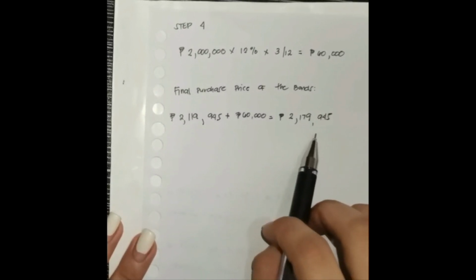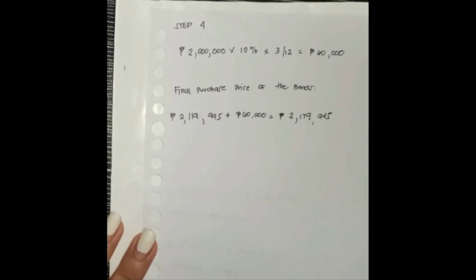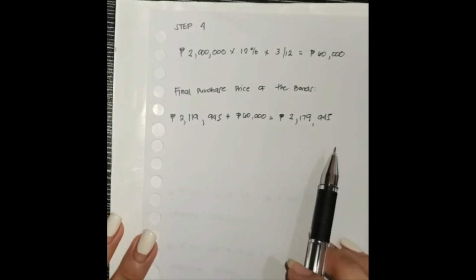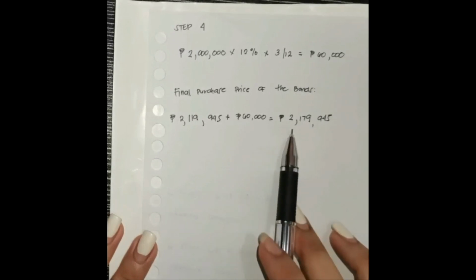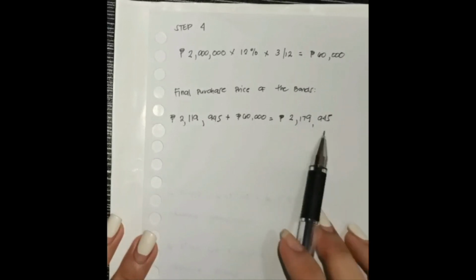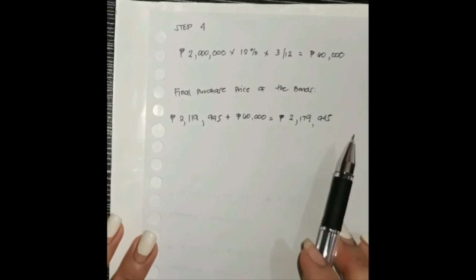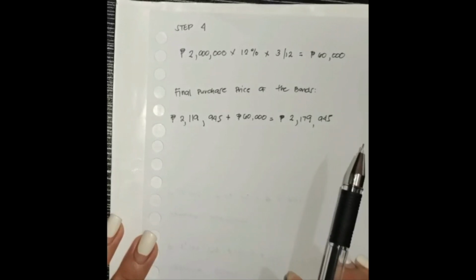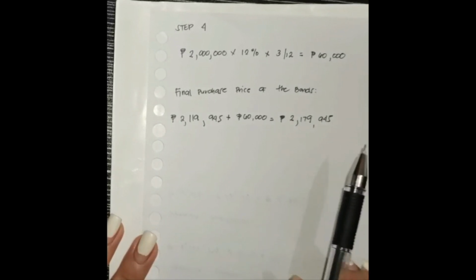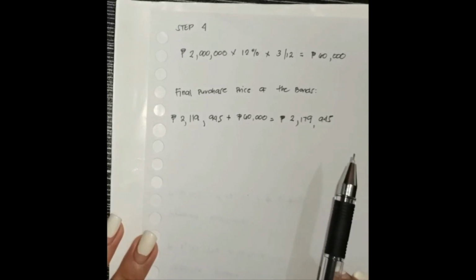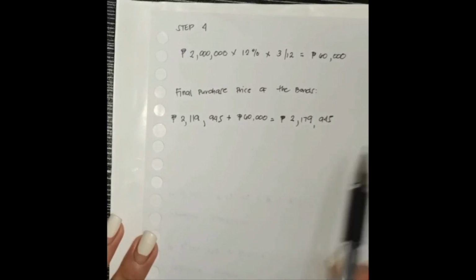This is our final purchase price of the bonds. Maong ang purchase price sa bonds kay 2,179,945 pesos. As an auditor, ato ning i-verify kung sakto ang computations, and we check if the bond investment is recorded properly sa financial statements.